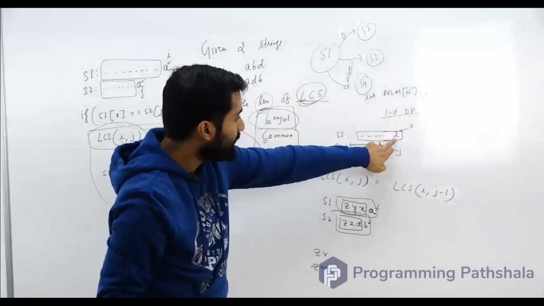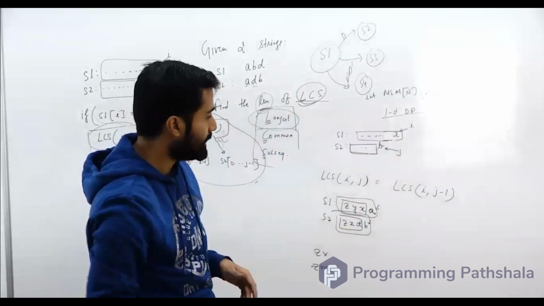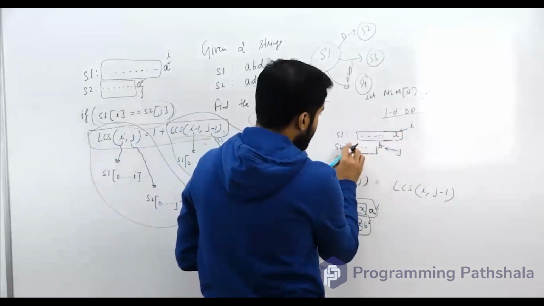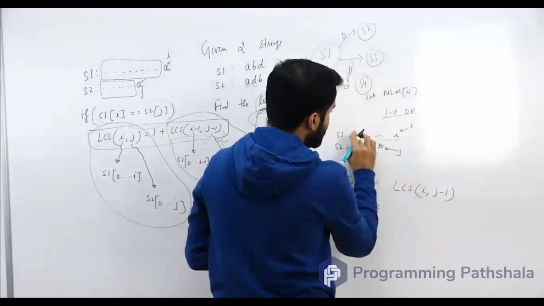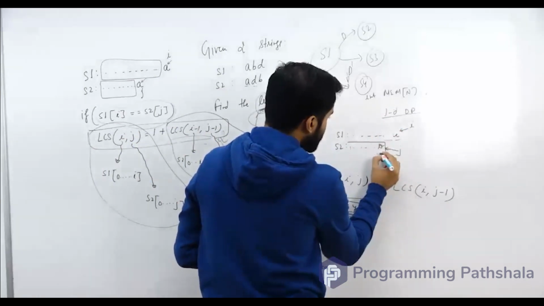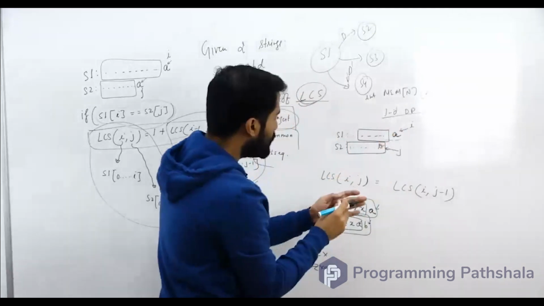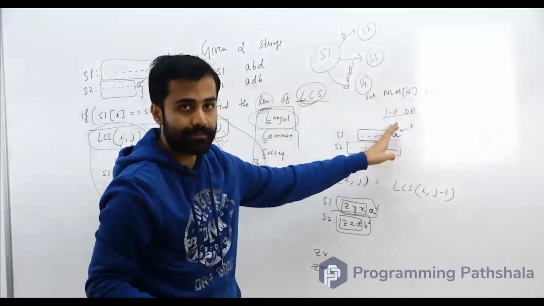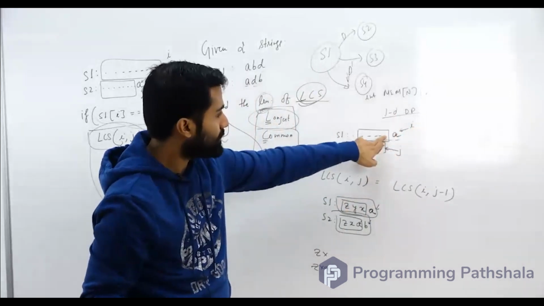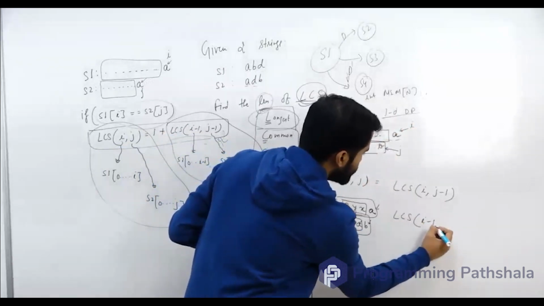Because this A should be given an opportunity to match with some other A that could have possibly lied before B. Similarly, a different style could have been that who knows that this particular B could have matched against some other B. So keeping J intact, you are moving your I and thereby giving this B a chance to match some other B. So this can be expressed as LCS of I minus 1, J.